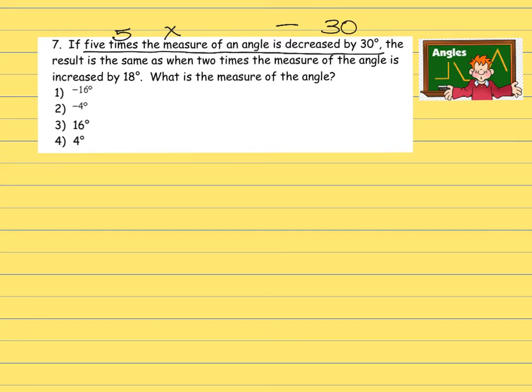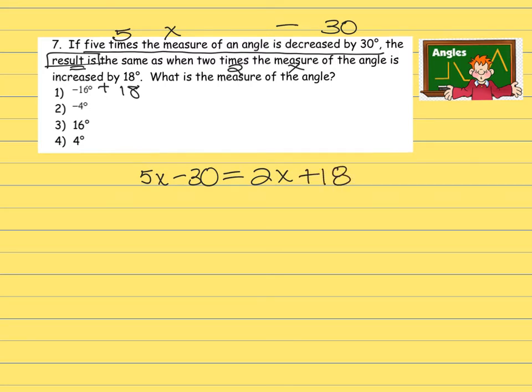The result is equal to the same as when 2 times the measure of the angle, the unknown quantity x, is increased by plus 18 degrees. So our equation is 5x minus 30 equal to 2 times x plus 18.